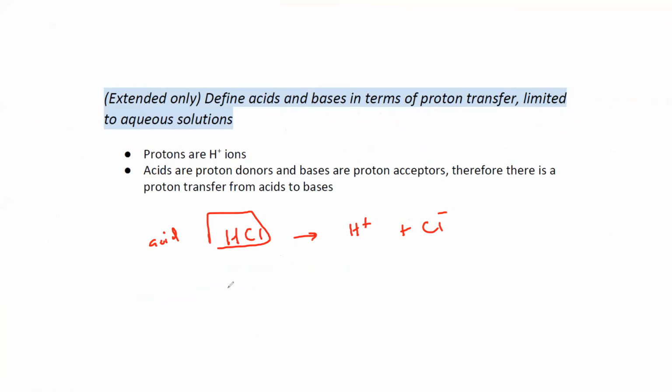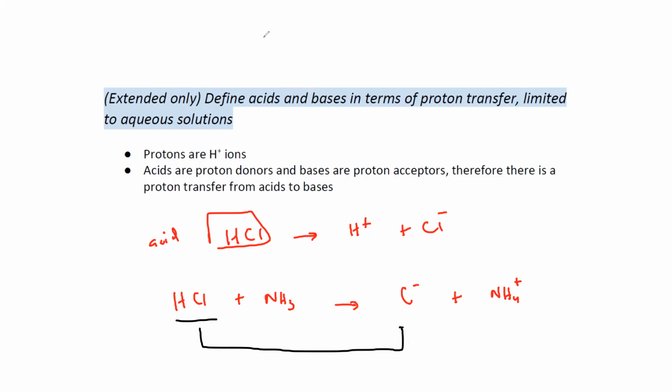And if something accepts a proton, for example, if there was a reaction between HCl and NH3, as a result, when they react, they form Cl minus and NH4 plus. When we check the change, first it is HCl, then it changes to Cl.